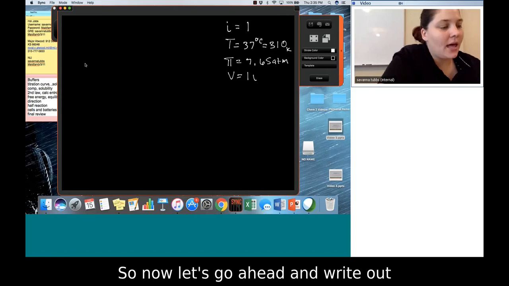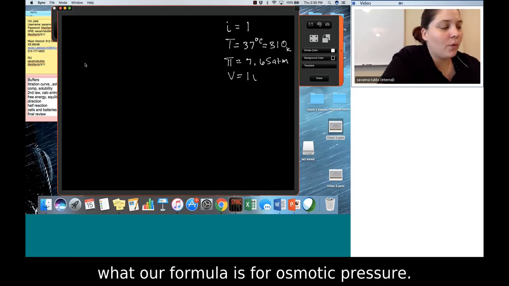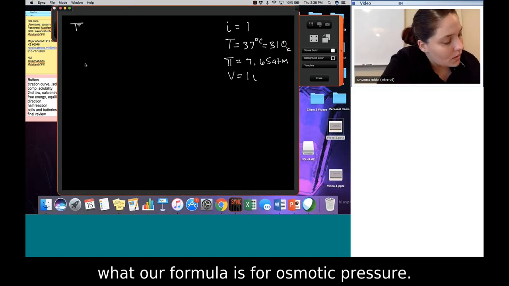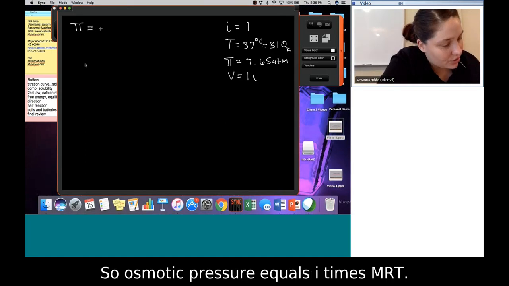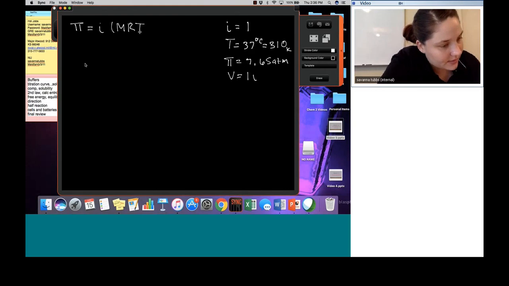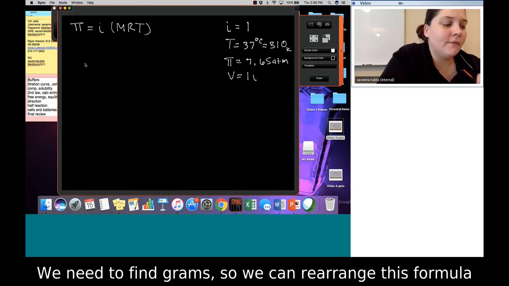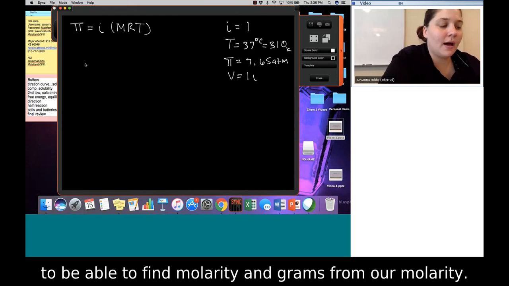So now let's go ahead and write out what our formula is for osmotic pressure. So osmotic pressure equals i times mRT. We need to find grams, so we can rearrange this formula to be able to find molarity and grams from our molarity.